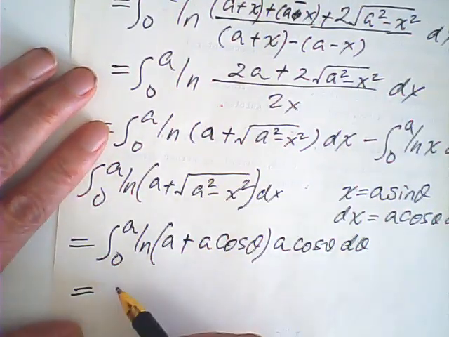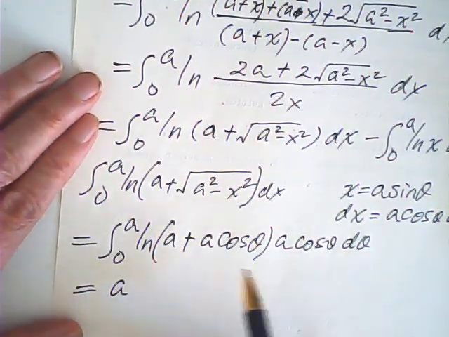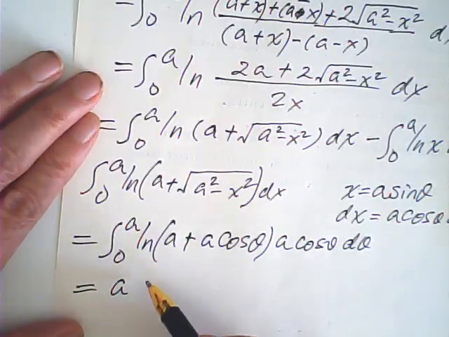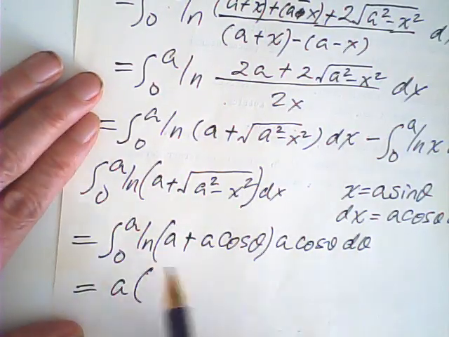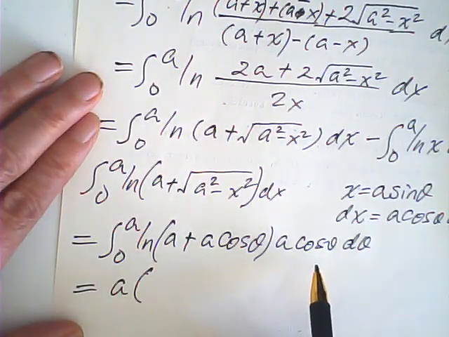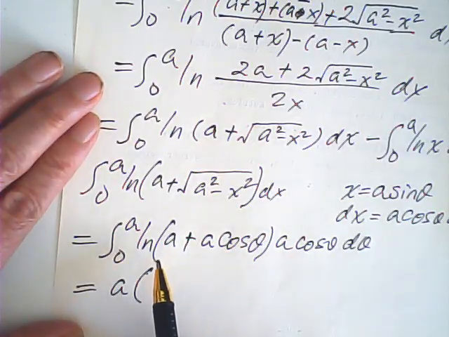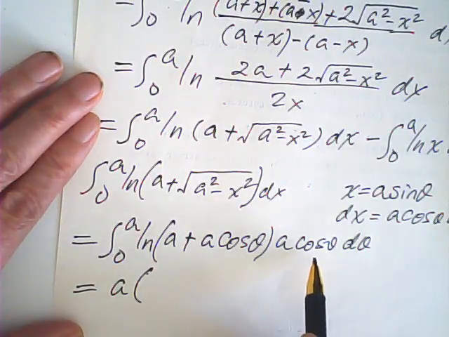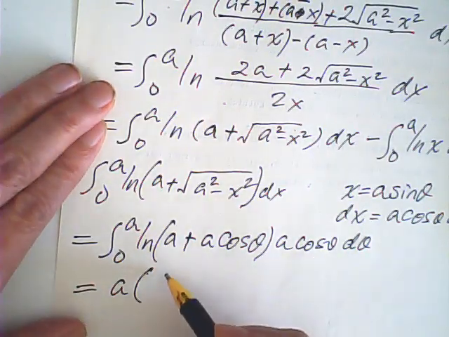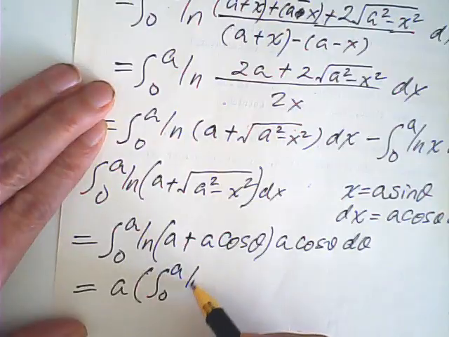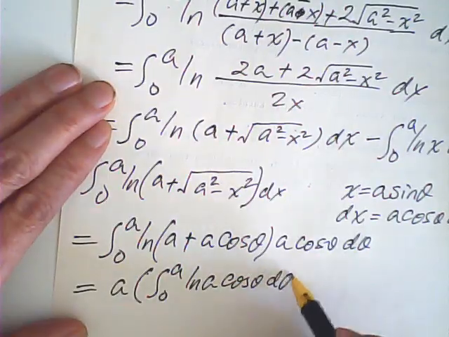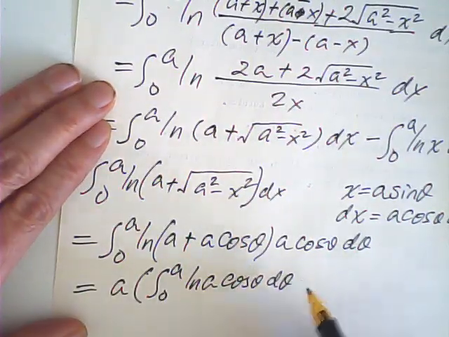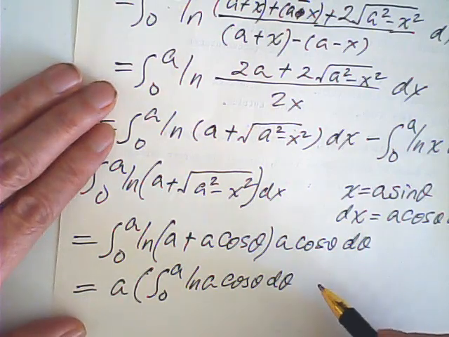Now then take a out, right? The first integral is log a times cosine theta d theta. That's the first one.